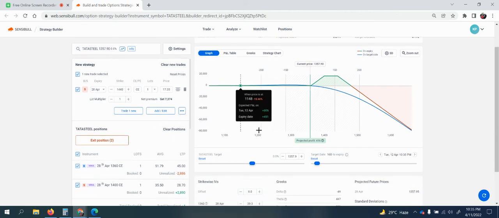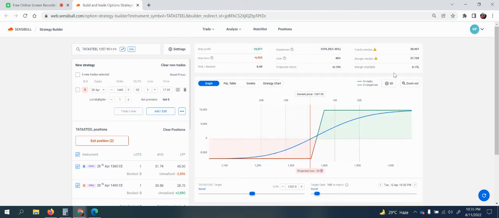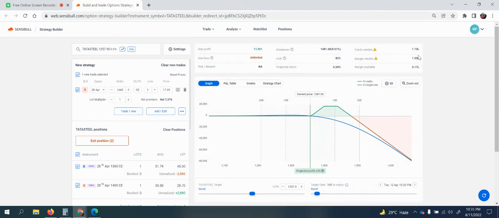Even if the market goes against your view, you always have different adjustments for reducing your losses. But for this you need to have extra capital. If I deselect this, my original capital was 27,000. The moment you end up selling the naked call option, you need to have the extra capital.